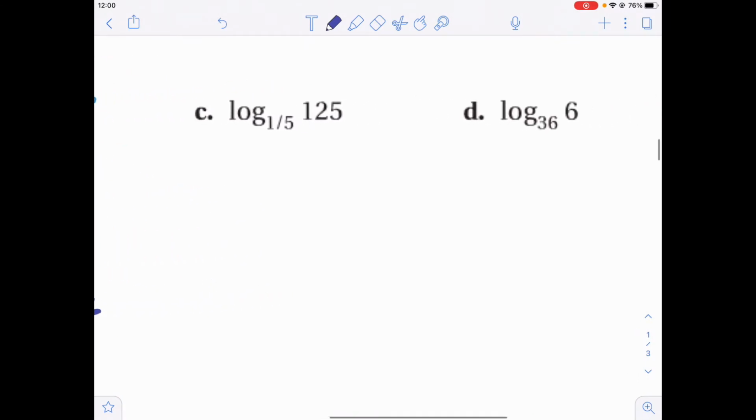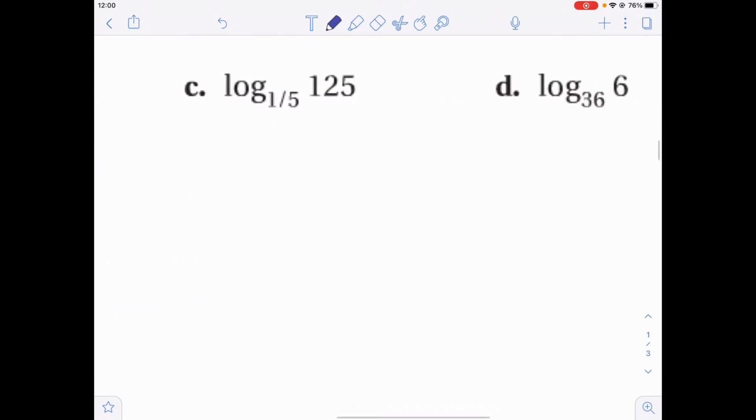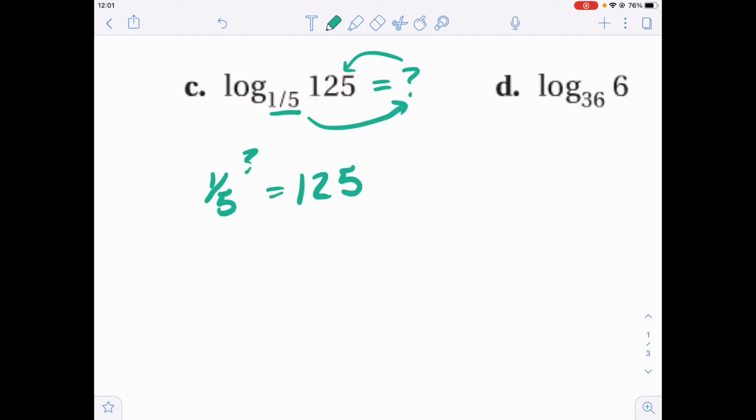All right, next we got C. This time, our base is a fraction. Let's do it. Ask the same question. Base, 1/5, to what power gives us the inside of this log, 125. We'll notice now that 125 is much larger than our base. And our base is a fraction over here.